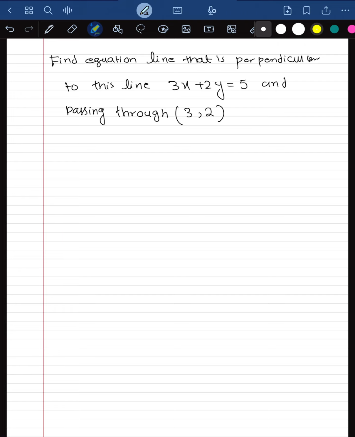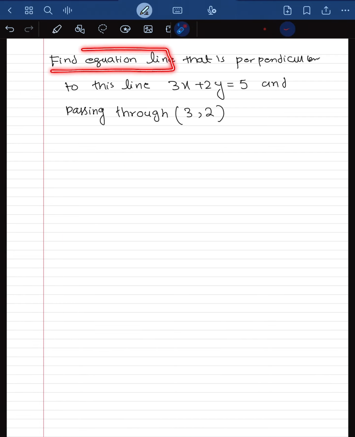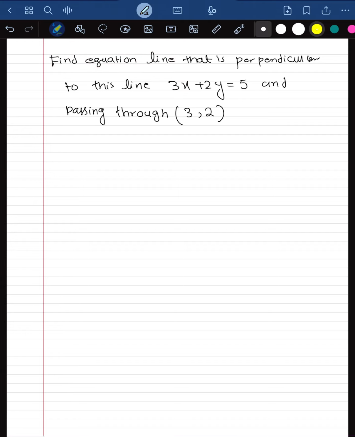So the question says find the equation of the line. So the first thing is we have to find out the equation of the line that is perpendicular to this line. It means that we have to extract the slope from this line, and we are given the point 3 comma 2.